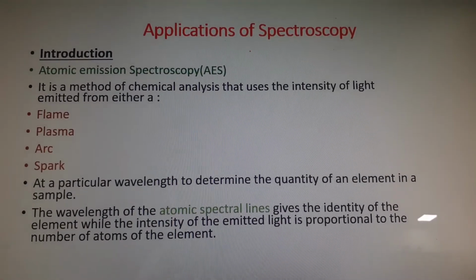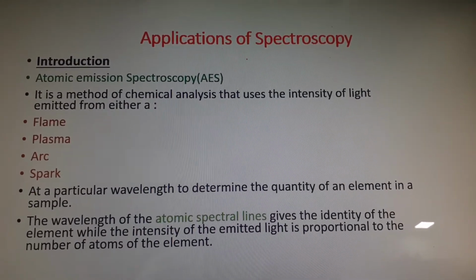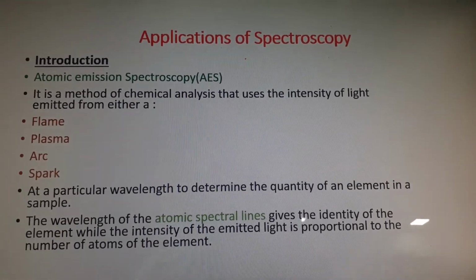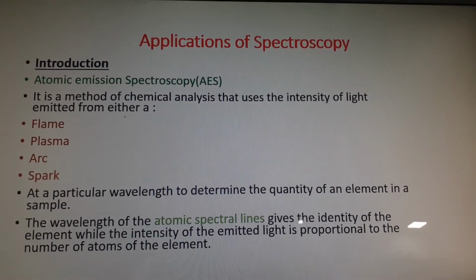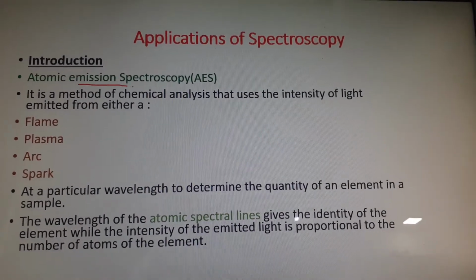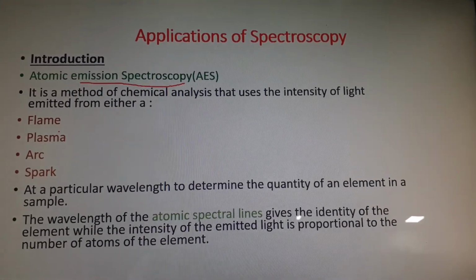Now, atomic absorption spectroscopy is a method of chemical analysis that uses the intensity of light emitted from either a... Now, in order to use the emission spectroscopy, this can be carried out by using different sources.